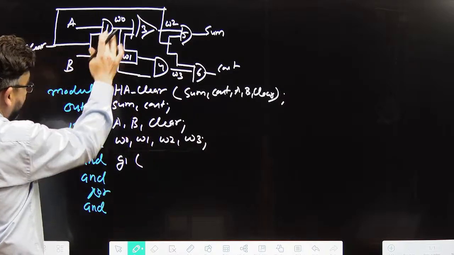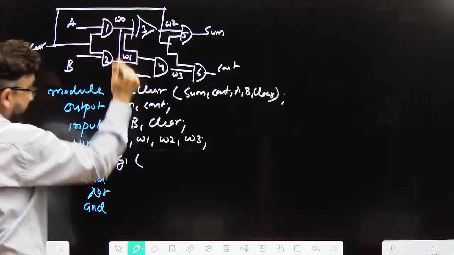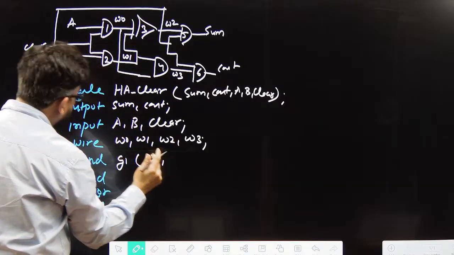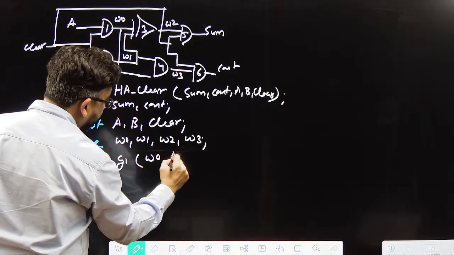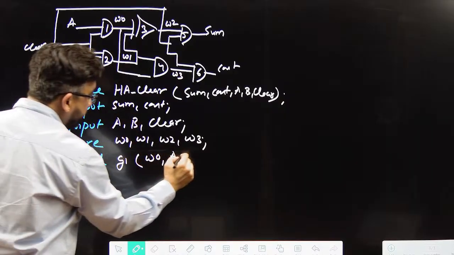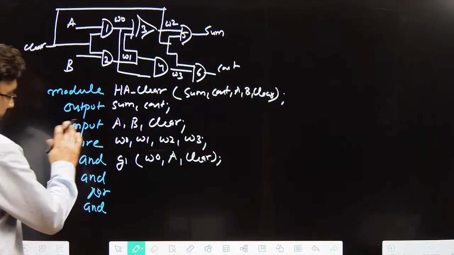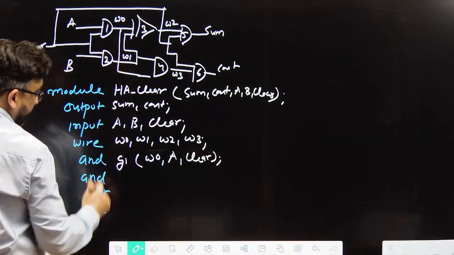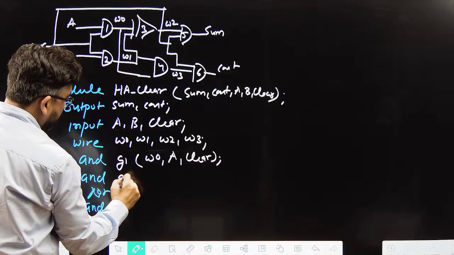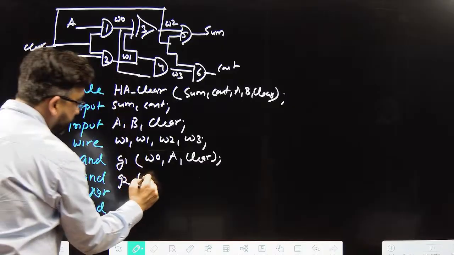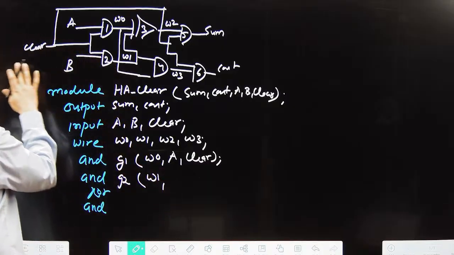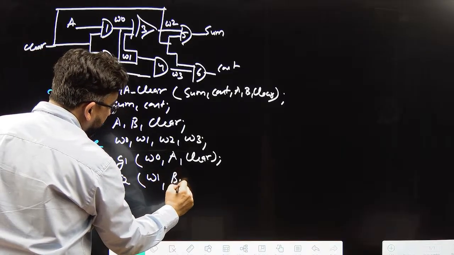You can write anything, gate 1, this is your instance name. Now first is the output. The output of this AND gate is W0. Input is A and another input is clear. Semicolon. Then the output of this AND G2 is W1 and input is B and clear.